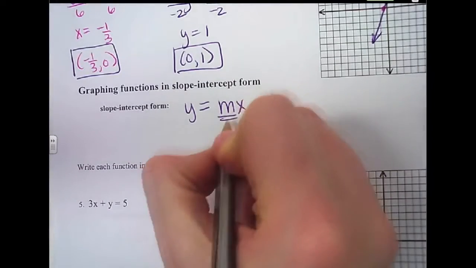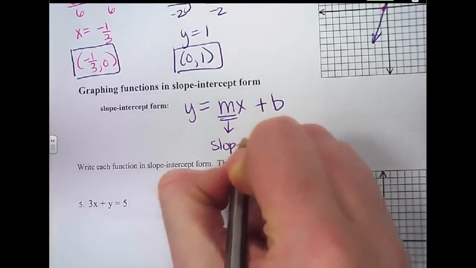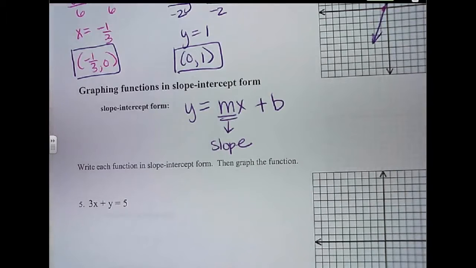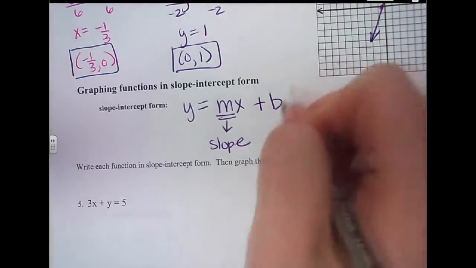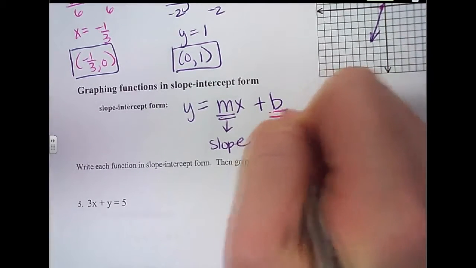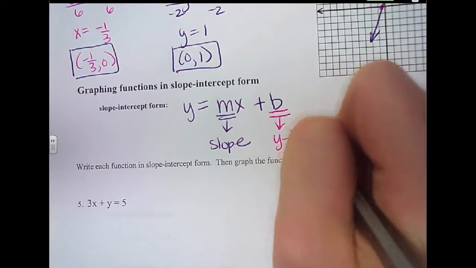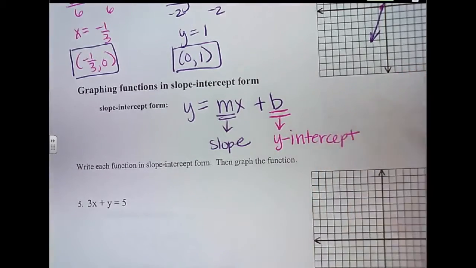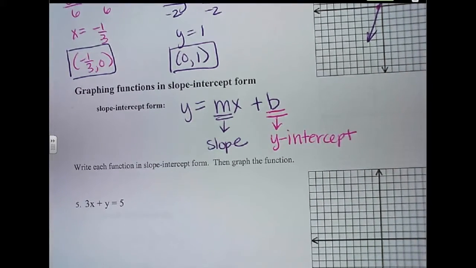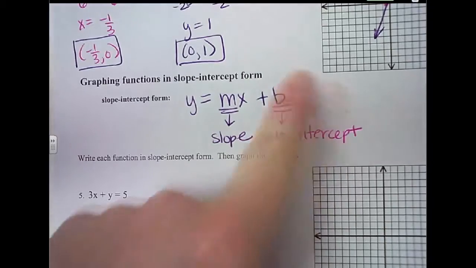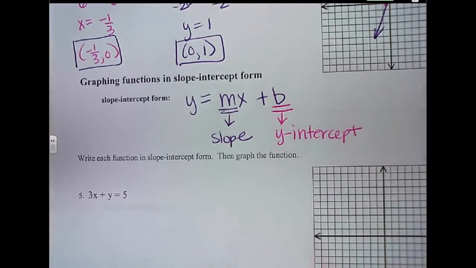Yes, the m is your slope. What is the b? Anyone remember? The y-intercept. Okay, so we just found the x and the y-intercept. This is going to be the y-intercept in our equation. I know they use that weird variable. That's okay.